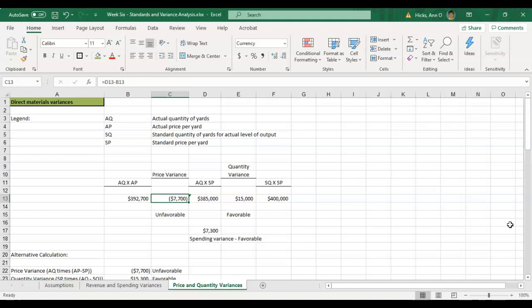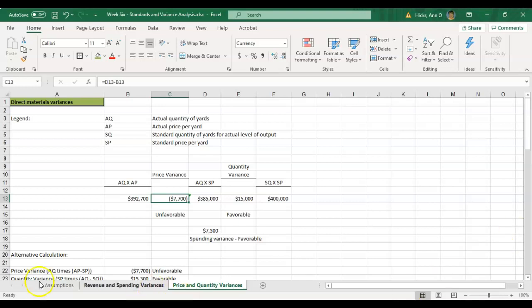So this $7,700 is the amount of the variance related to the fact that our actual price per yard of material was different than our standard price per yard of material. And in this case, notice it is unfavorable because the actual number is bigger than the standard.